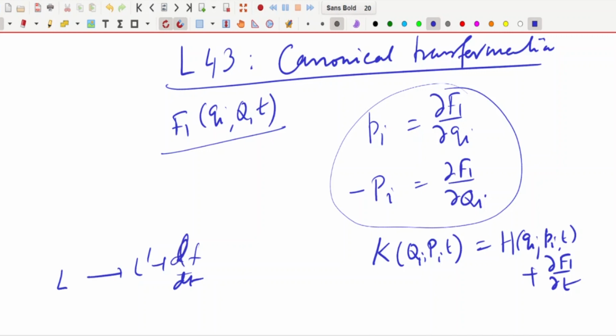From here, in the Hamiltonian formulation, we write the corresponding Hamiltonian for L and the Hamiltonian for L prime, and then we found that this condition will be satisfied by a generating functional.